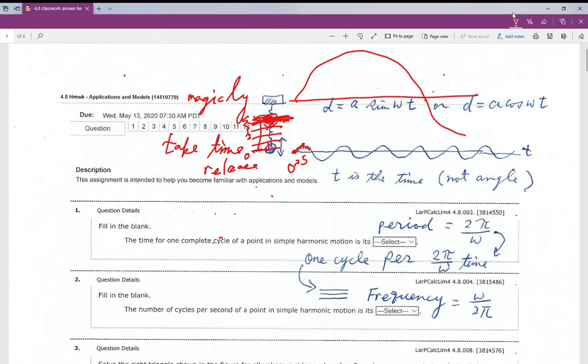So if this is our trigonometric function, let me say it one more time because the graph is too small. Say we push the spring to squeeze it to a new place. In the beginning, t equals 0, no displacement. When t goes to 1 second, there's a little bit of displacement.